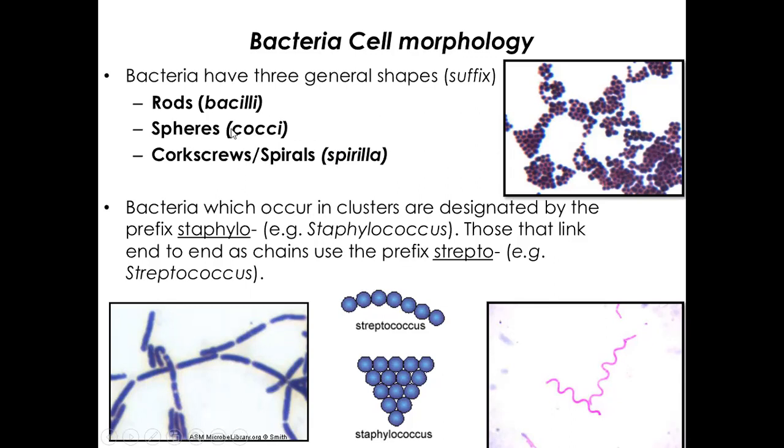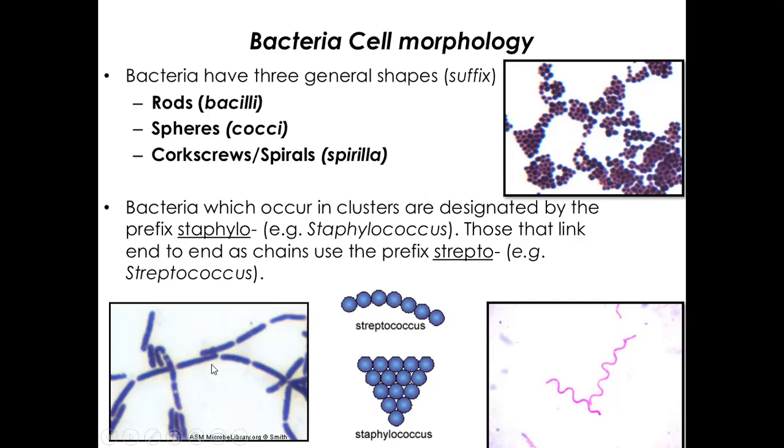So in addition to these suffixes, bacilli, cocci, and spirilla, we also have prefixes that we use based on how they grow as a group. So if you're growing in a cluster like we have up here on the top right, that would be staphylo. So this bacteria on the top right would be Staphylococcus, because it grows in a cluster and they're spherical shaped. We also, if they grow end to end in a chain, call it strepto.